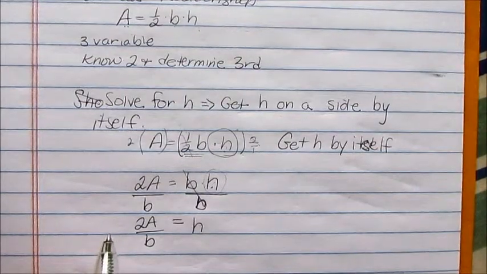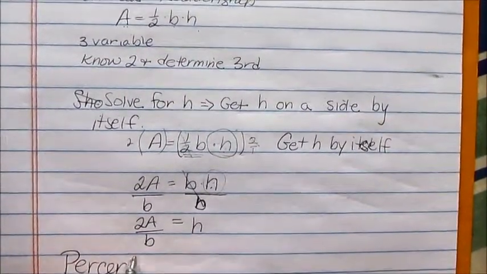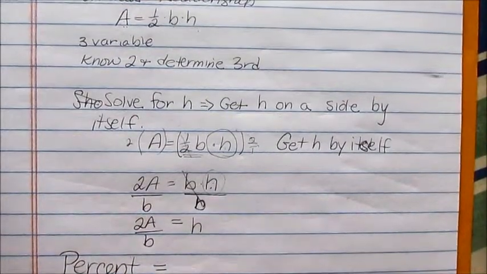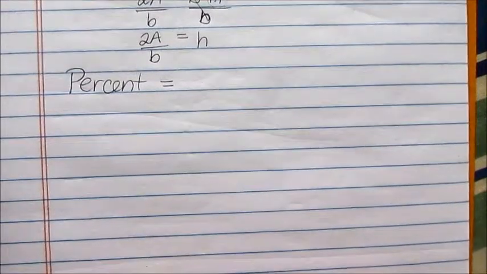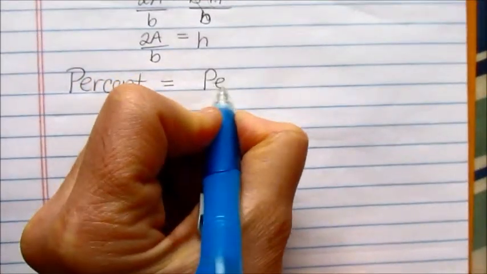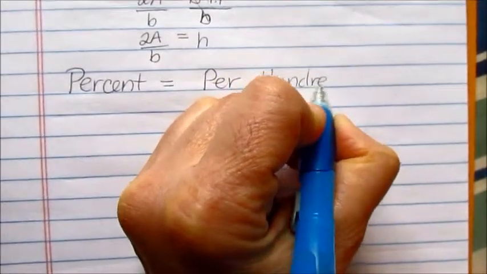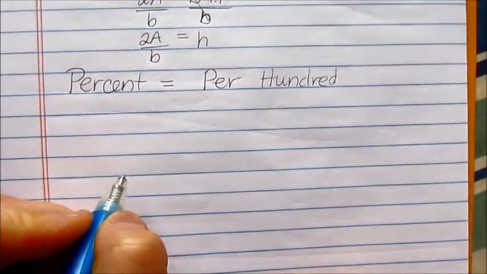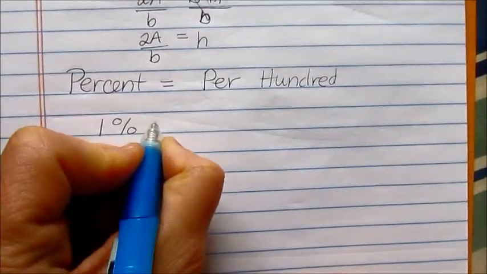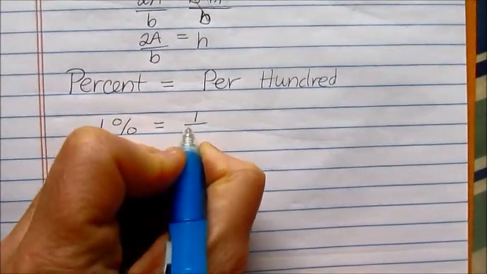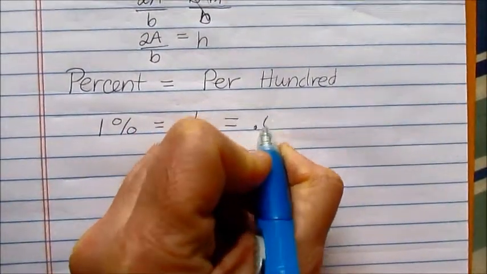Now percents. Percent actually means per 100. So 1% equals 1/100th, or as a decimal, 0.01.